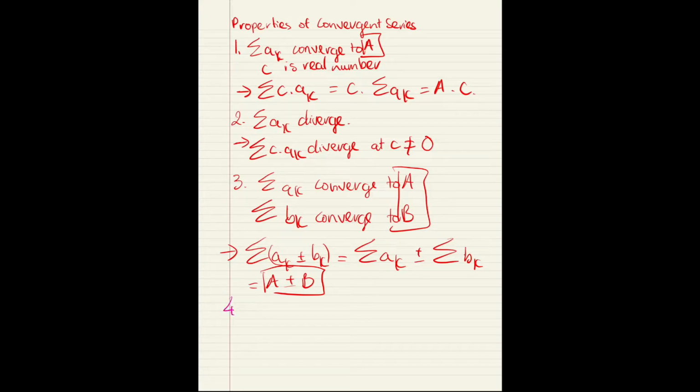For the fourth property, if the series of ak diverges and the series of bk diverges, then the series of ak plus or minus bk will diverge.